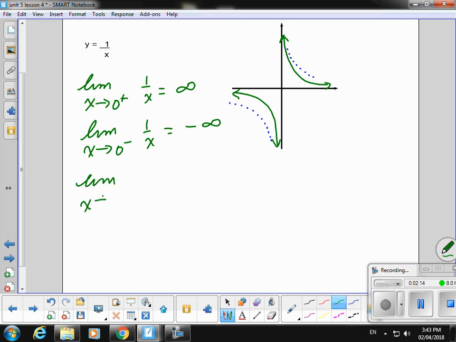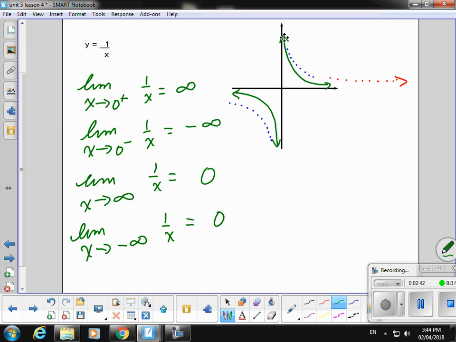As I go out to infinity to the right, my y value is getting closer and closer, but never reaches 0. As I go left forever, I also get closer and closer to 0 from below.